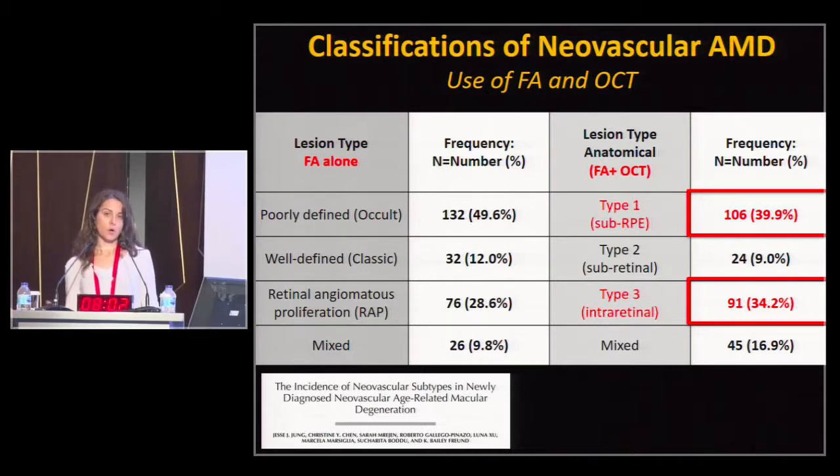So we are going to overdiagnose the number of type 1 lesions, and we are going to underdiagnose the number of type 3 lesions. And this is really important. So the use of OCT in order to classify CNV lesions is really important. And also we are underdiagnosing the number of combined and mixed lesions.